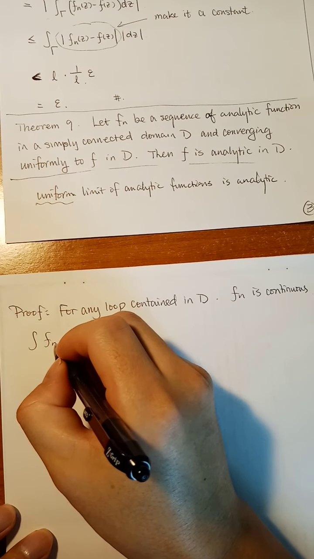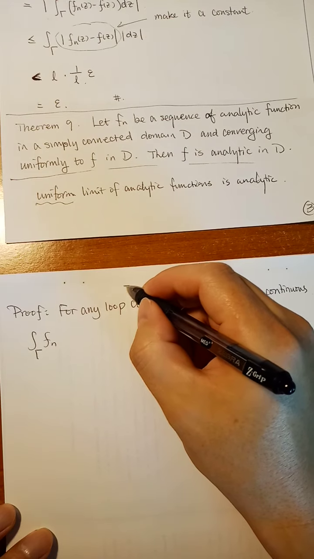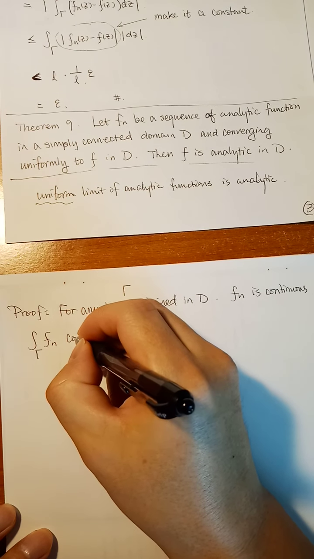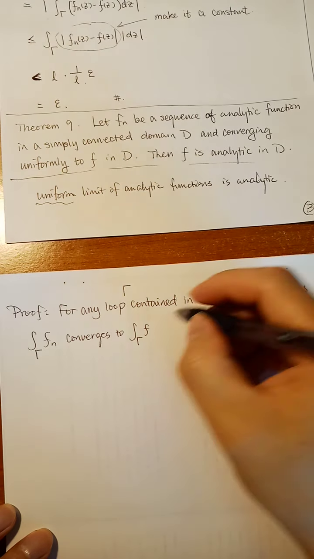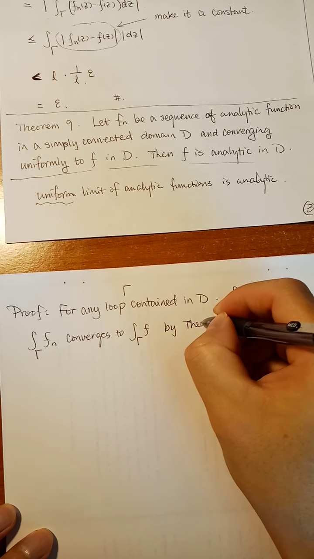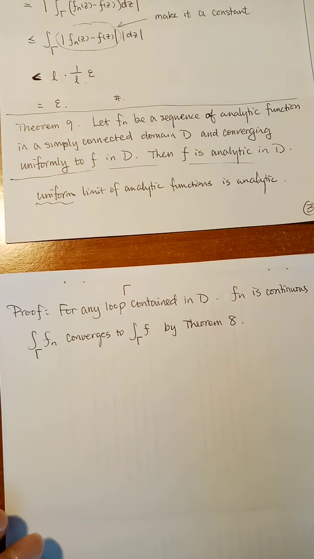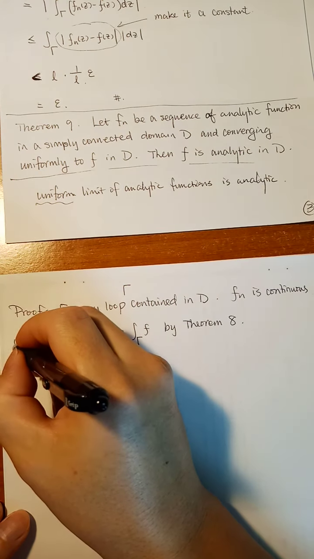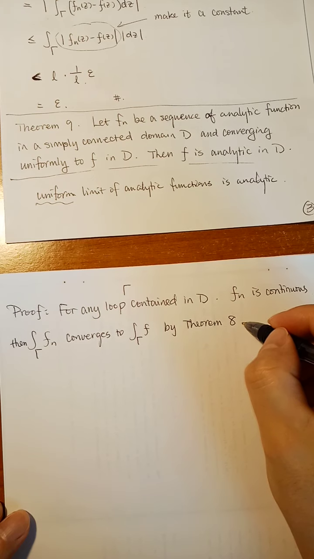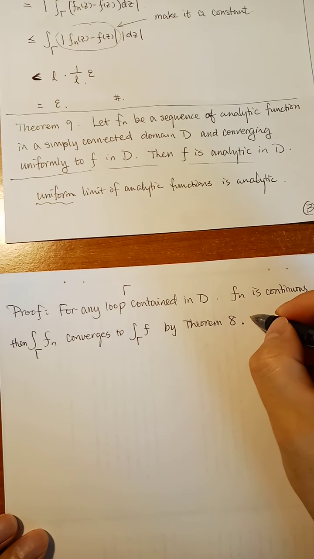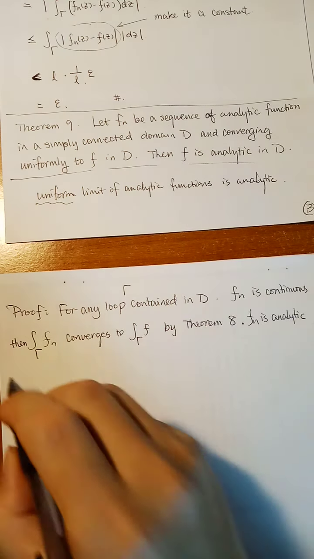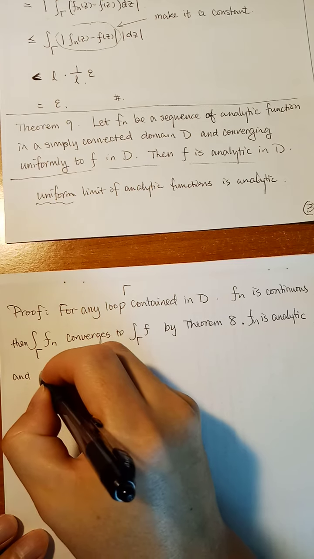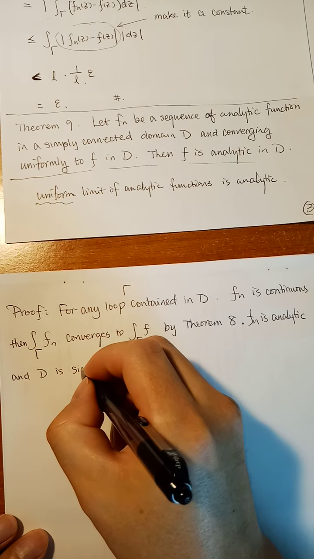Then the integral of f_n along the loop gamma converges to the integral of f along gamma by theorem 8. Okay, so this is only continuity. And f_n is analytic. And region D is simply connected.